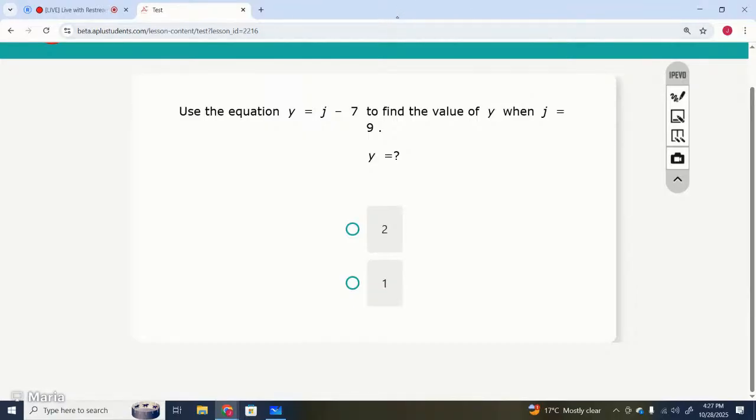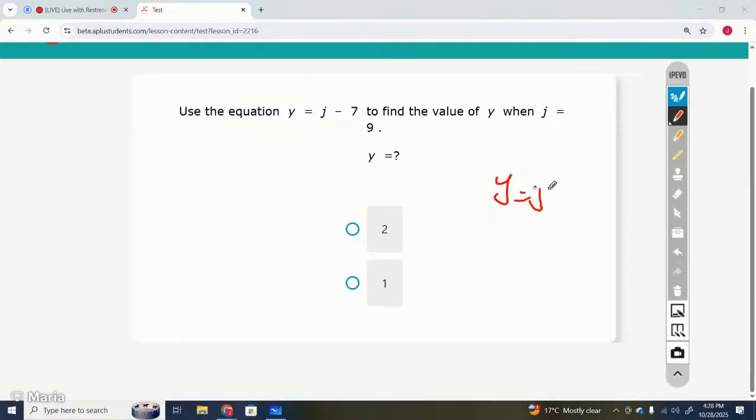Use the equation y equals j minus 7. Find the value of y when j equals 9. Y equals j minus 7.